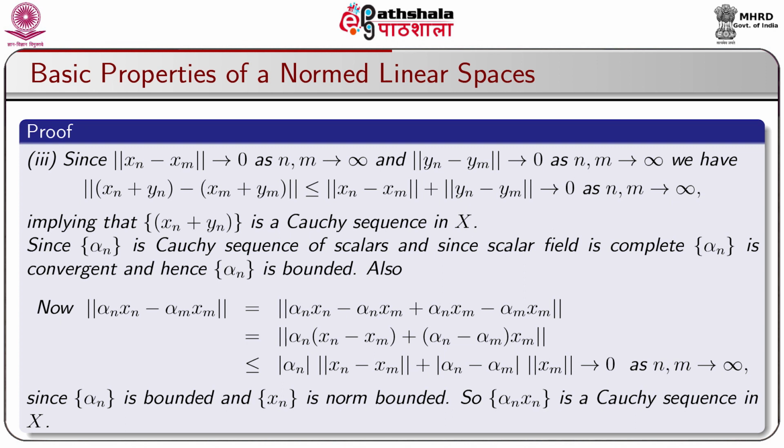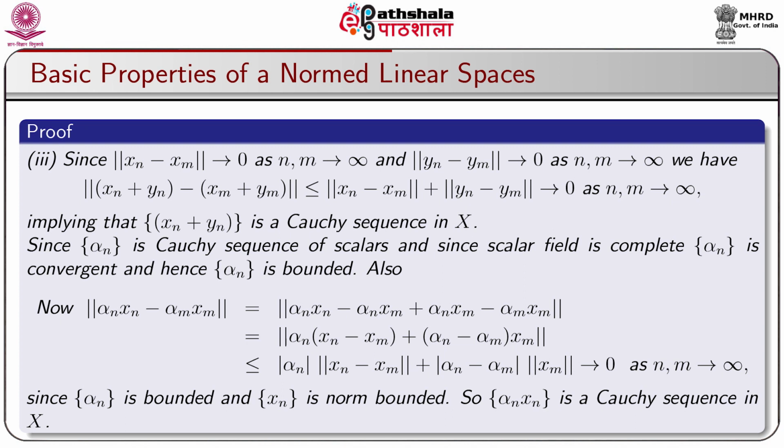Also, norm of alpha n xn minus alpha m xm is equal to norm of alpha n xn minus alpha n xm plus alpha n xm minus alpha m xm, by the mutual adjustment of term alpha n xm, which is equal to norm of alpha n into xn minus xm plus alpha n minus alpha m into xm, which is always less than or equal to modulus of alpha n norm of xn minus xm plus modulus of alpha n minus alpha m norm of xm, which tends to 0 as n, m tends to infinity.